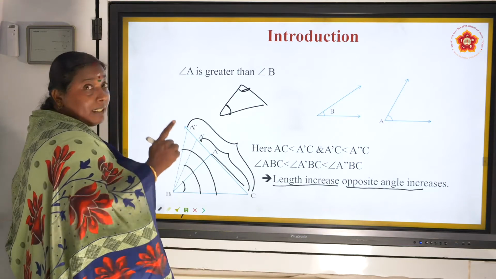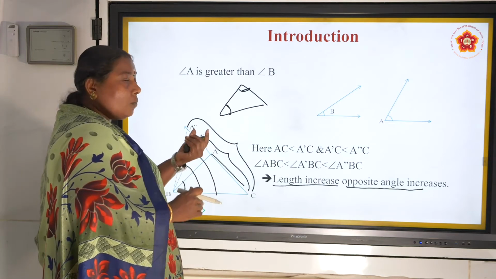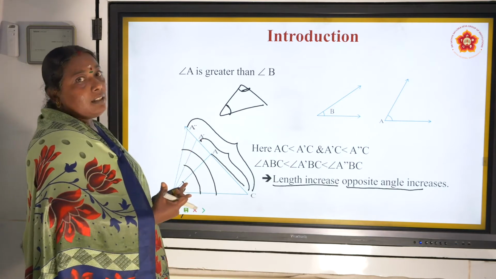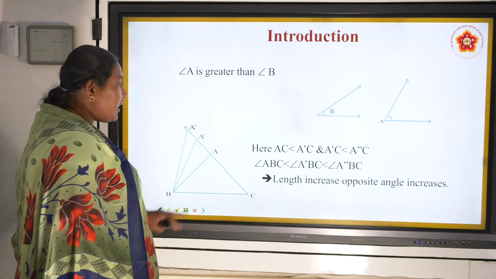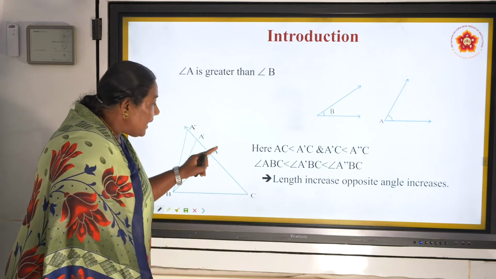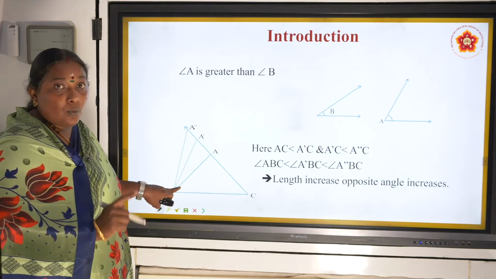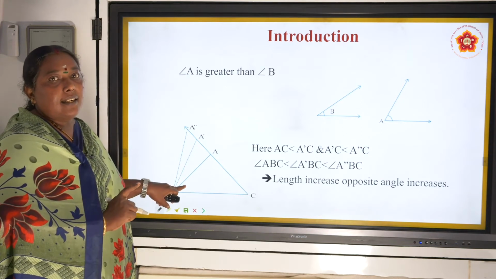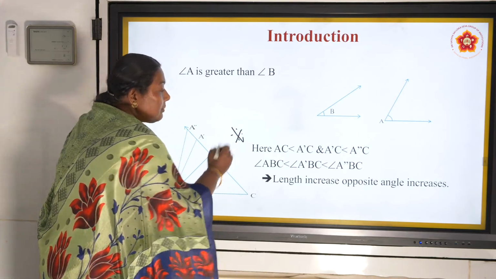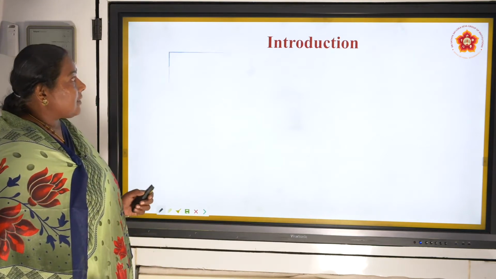So please be careful when you are studying each and every word, because just one word changes the whole problem, the whole sum will be changed. So what are they telling here? If the length increases, then its opposite angle will increase. That is what we are going to see here. Okay, I think you understand this. It's a very important concept. Keep that in mind.